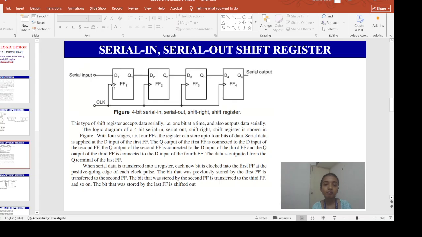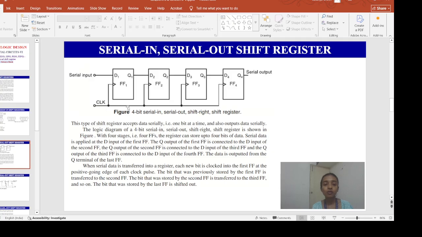That means a flip-flop gets triggered when the positive edge of the clock pulse appears. Serial data you are giving, and you are collecting the data serially also. So this type of shift register accepts the data serially, one bit at a time, and also outputs data serially.